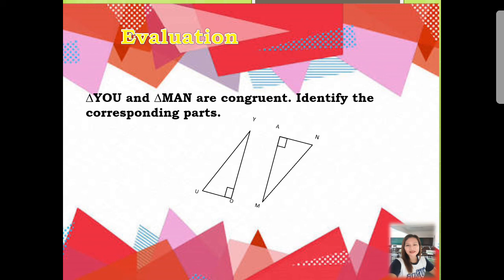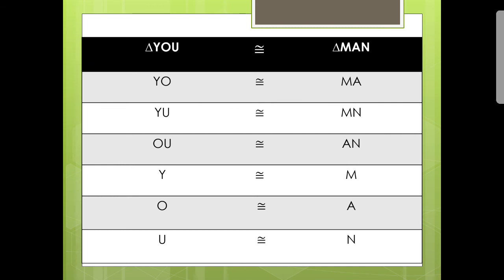Okay? So what is the answer? For the 3 corresponding sides, the first one, side YO is congruent to side MA. Side YU is congruent to side MN. Side OU is congruent to side AN. How about the corresponding angles?